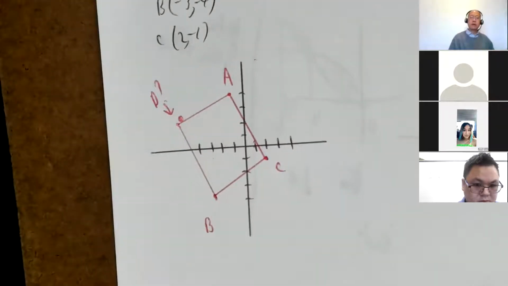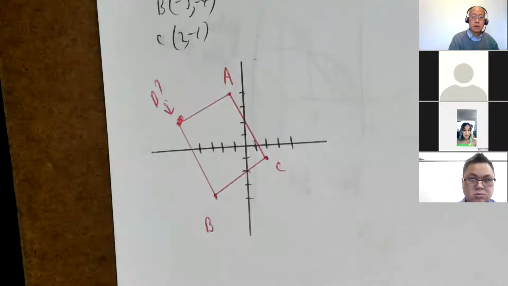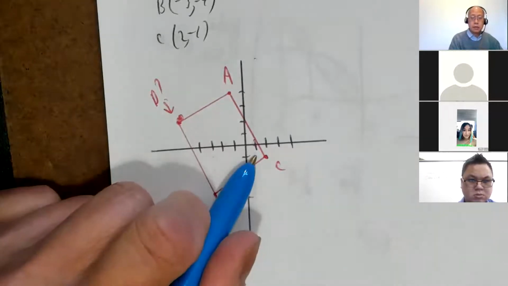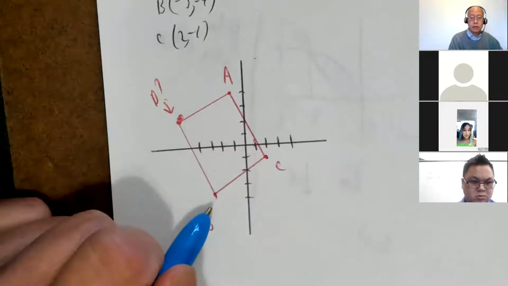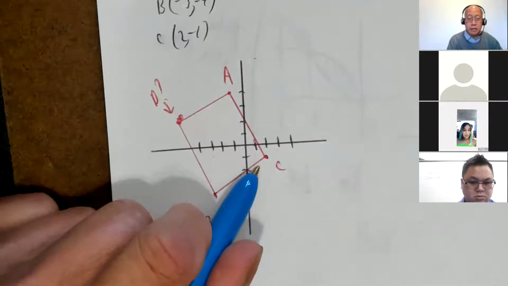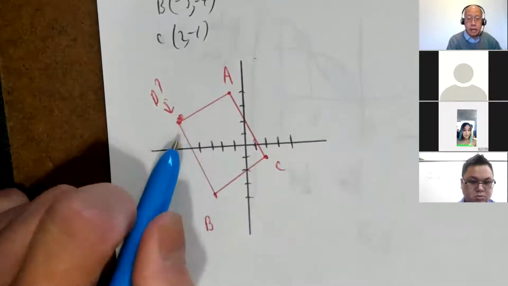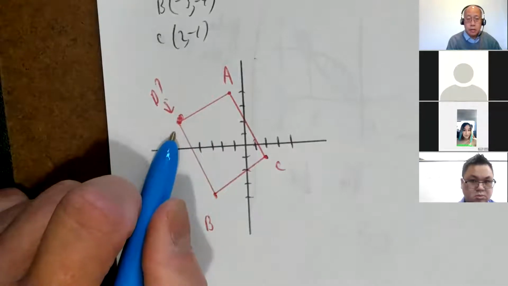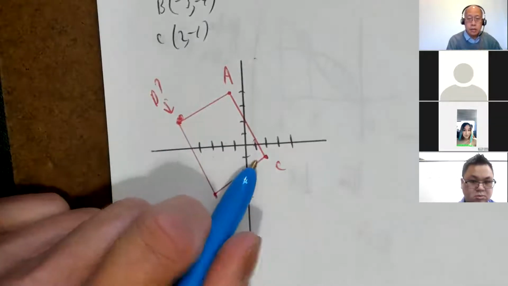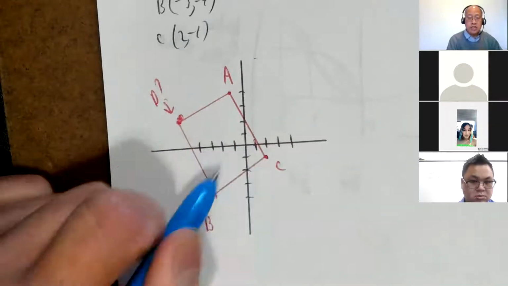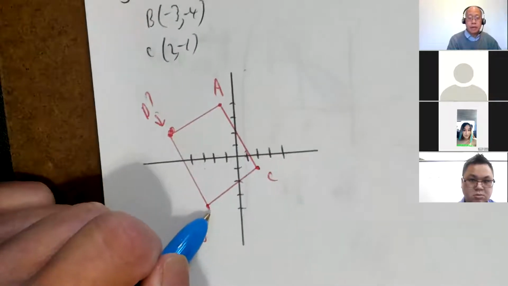That's what I first thought, but B to C has the same length as A to C. So that is why that doesn't really make a rectangle. You know what I mean? BC and AC have the same length. Yeah, that could be. That's fine.